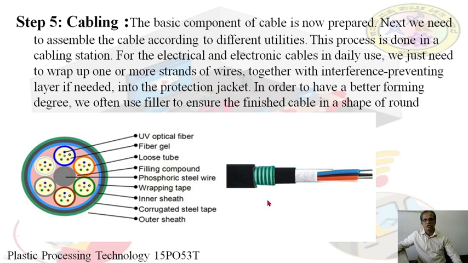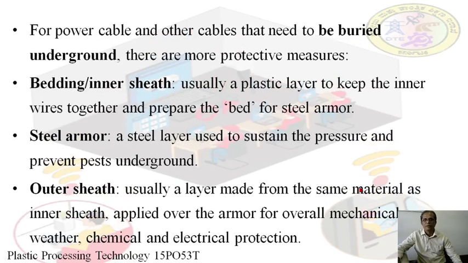All this is a cut section of a cable, and inside a number of wires are visible. For power cables and other cables that need to be buried underground, there are more protective measures.